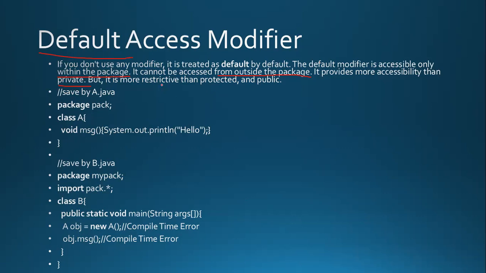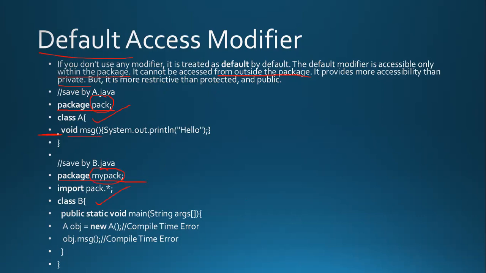Let's try to understand the same with an example. Here we've got two packages, pack and mypack. We have class A in package pack and class B in package mypack. In class A, we've got a message method which is default.